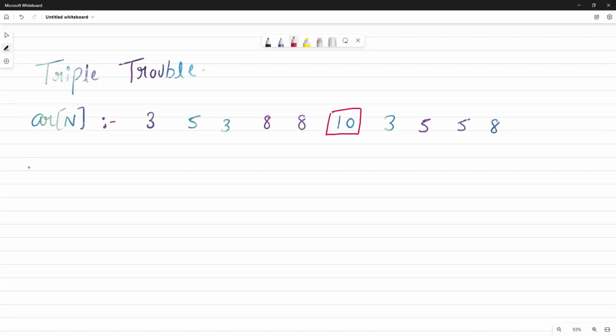So in order to solve this question, can we apply multiple XORs, like an XOR within an XOR? But still, it's not going to help much. If you do 3 XOR 3, it's going to give you 0, but when you XOR with another 3, it's going to give you 3 only.